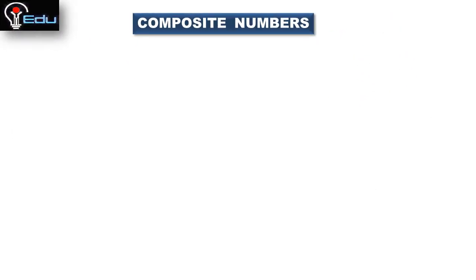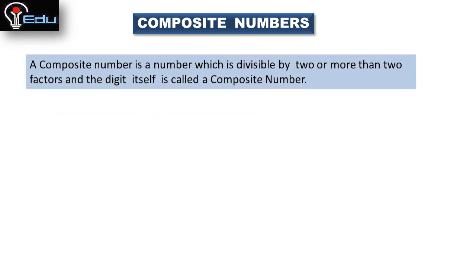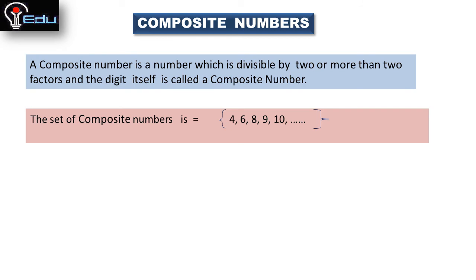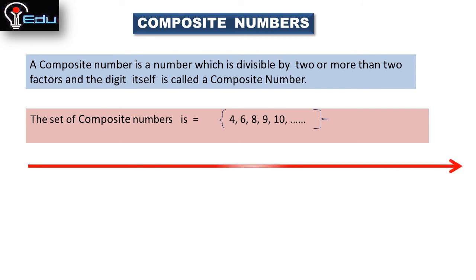So next is composite numbers. A composite number is a number which is divisible by 2 or more than 2 numbers, and itself. So a composite number has more than 2 factors. The set of composite numbers is 4, 6, 8, 9, 10, etc. The representation of composite numbers on the number line is like this.